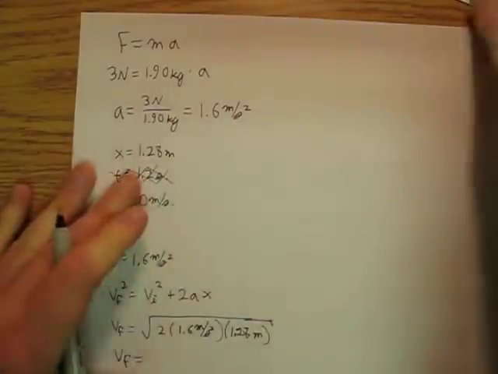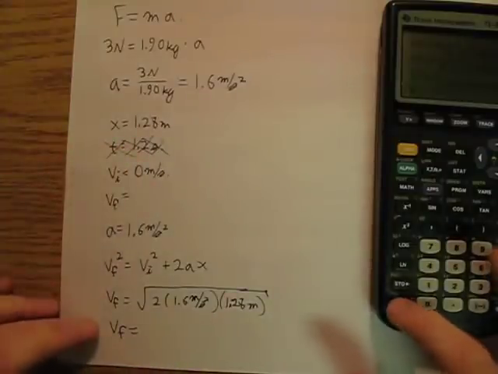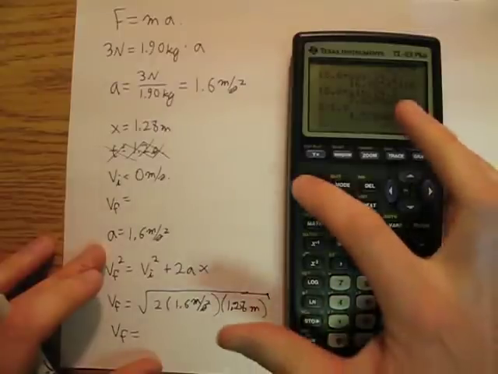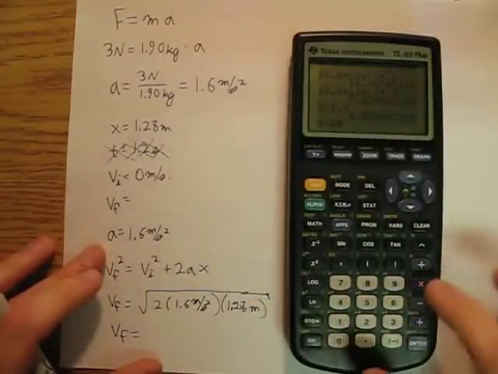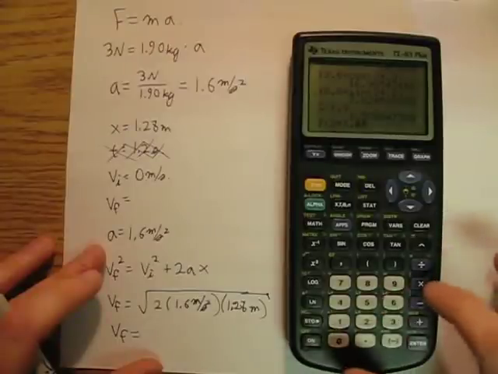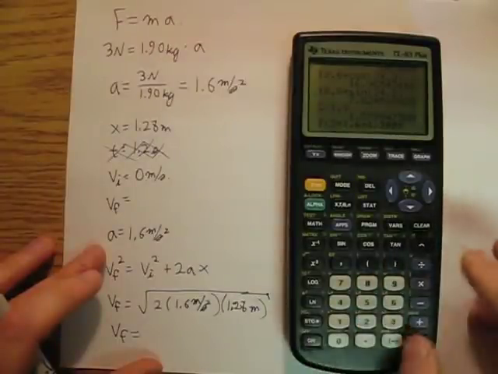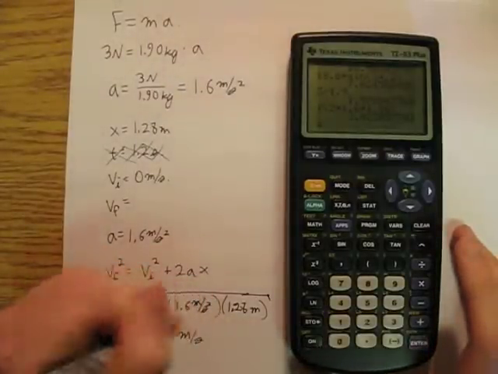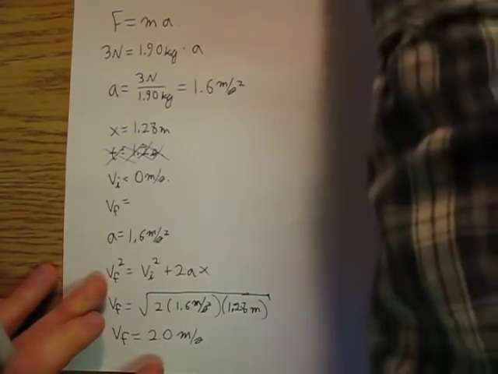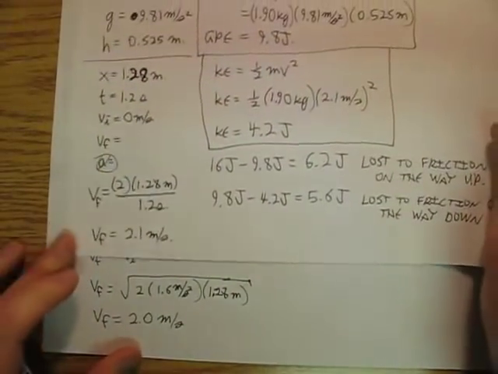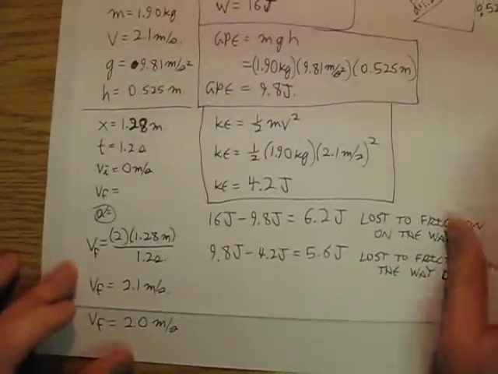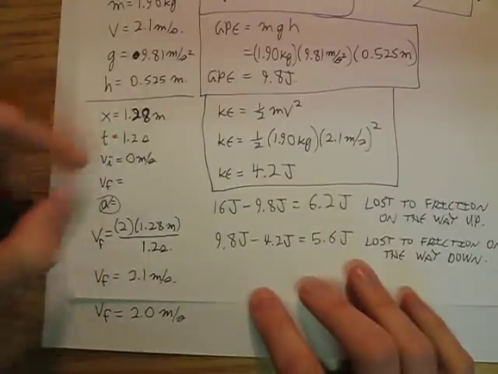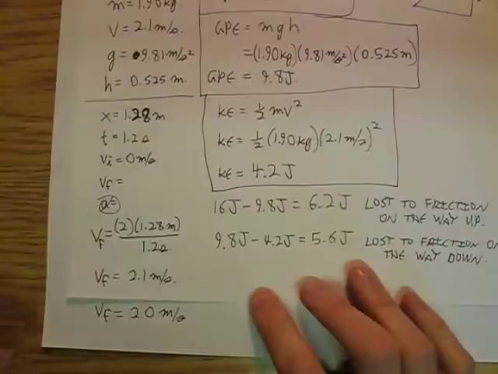VF is going to be the square root of 2 times 1.6 times 1.28, and I'm going to end up with 2.0 meters per second. And what I figured out previously by a totally different method, just using the time, was that the final velocity was 2.1 meters per second.